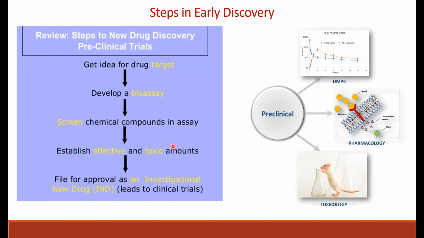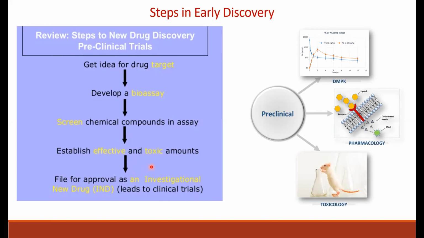And so all of this falls under this pharmacology regime. After that, you'd establish whether this drug is effective. So you go to PK, you do DMPK, and then you look at toxicity in a preclinical model, and you also look at efficacy in a preclinical model. So in a rodent model, before you can actually even approach an investigational new drug status.